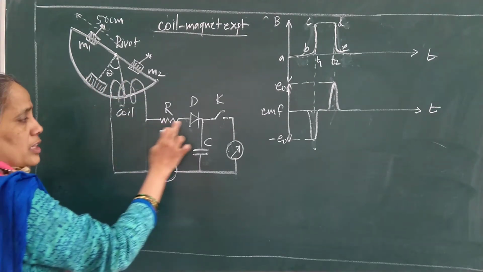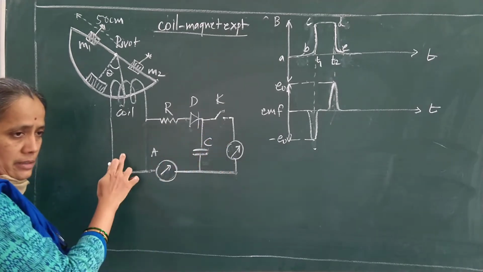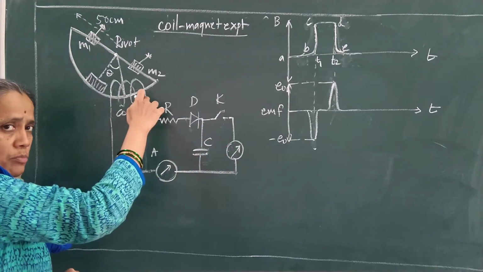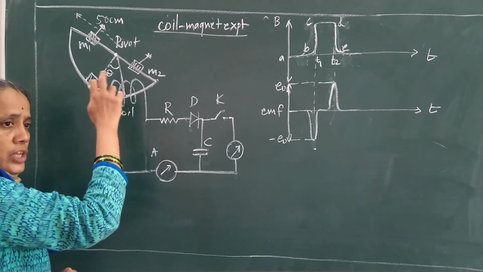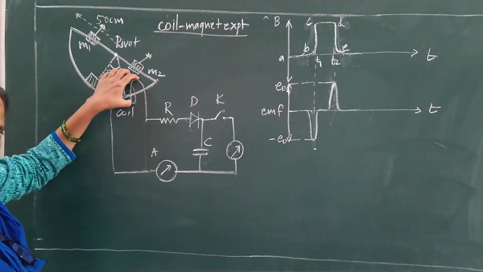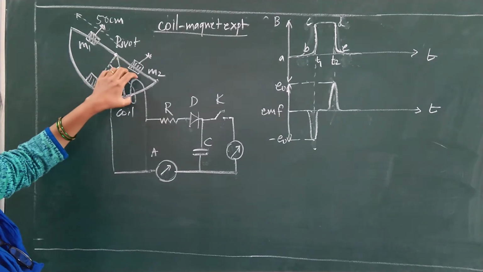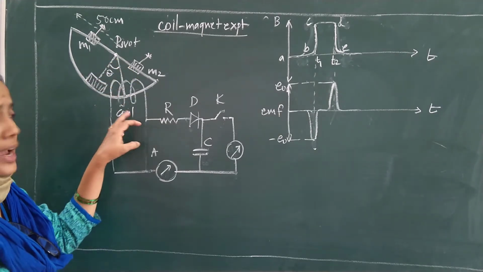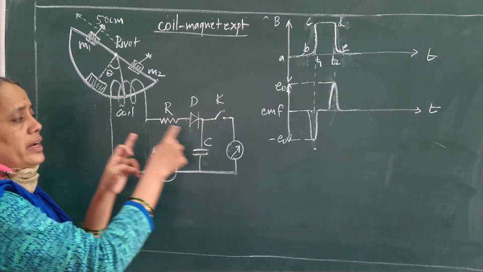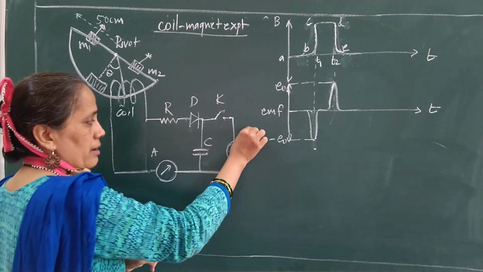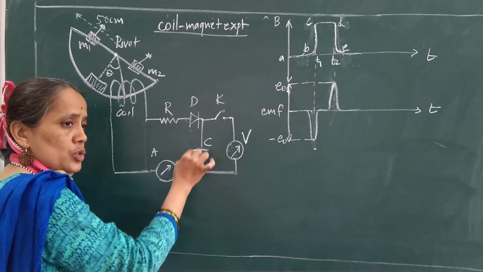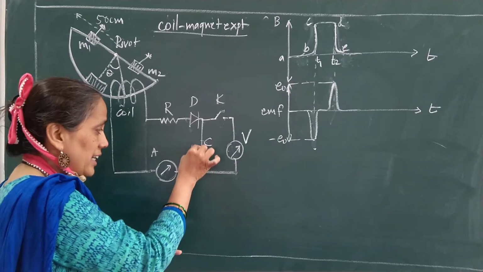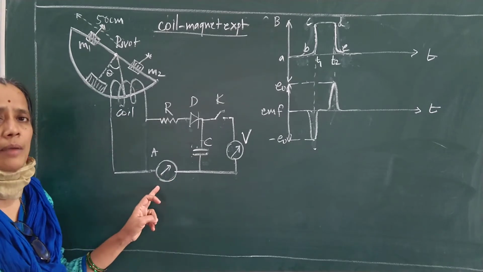This coil is connected to a circuit, so when the magnet is in motion, there will be a change in the magnetic flux inside the coil, and due to that change, EMF gets induced. You will get that EMF reading on this voltmeter, and through that EMF we can also charge a capacitor, and that charging current you will get on the ammeter.